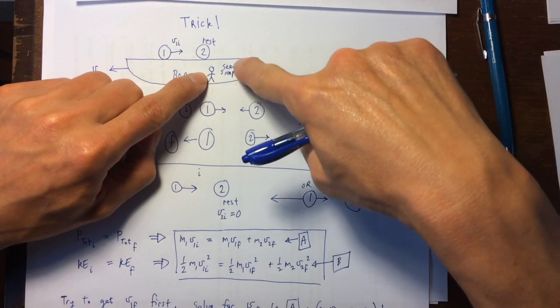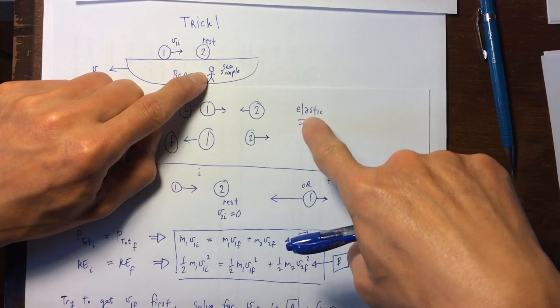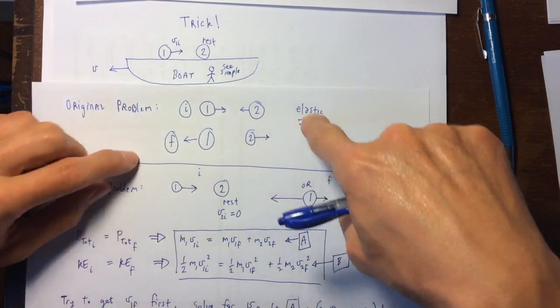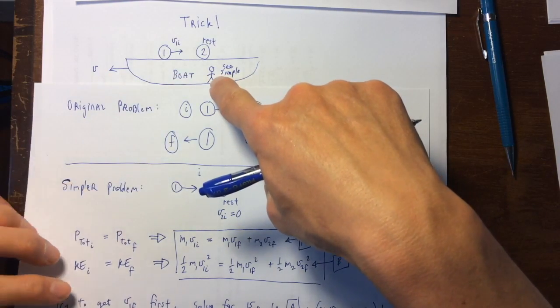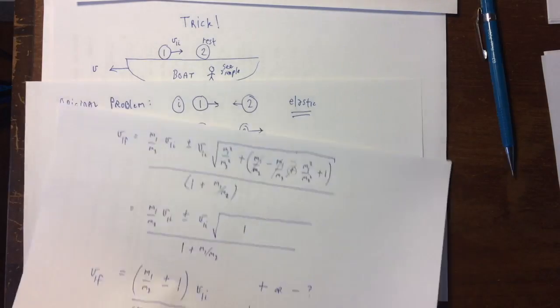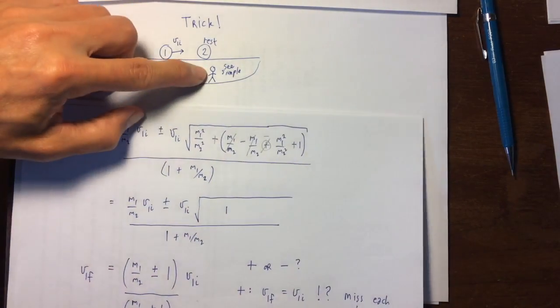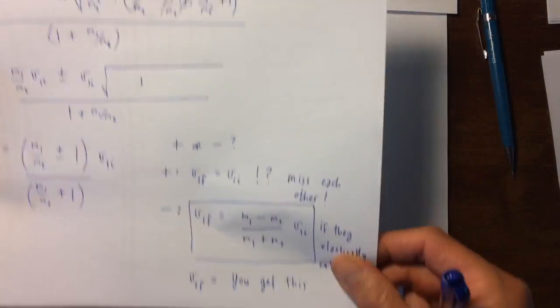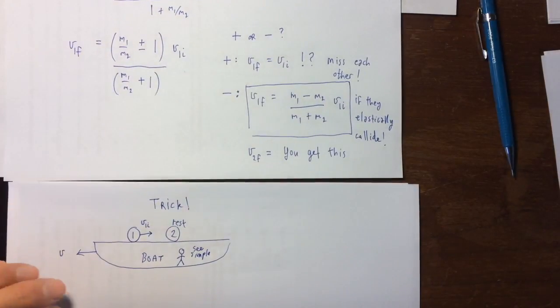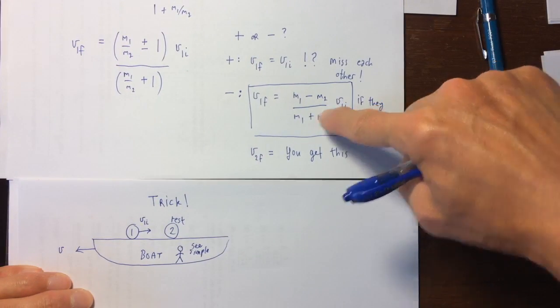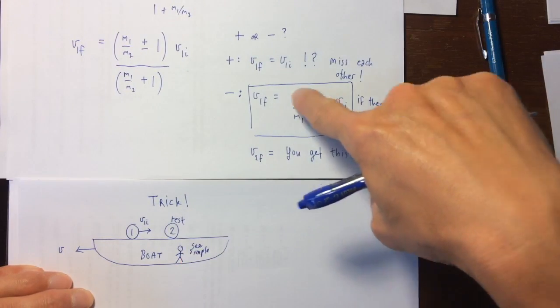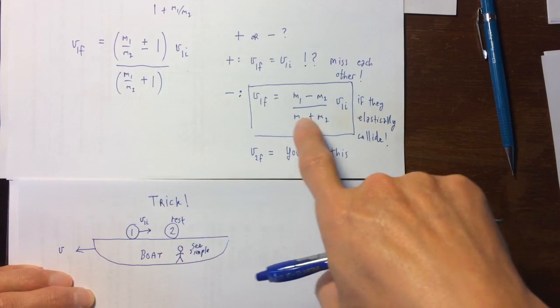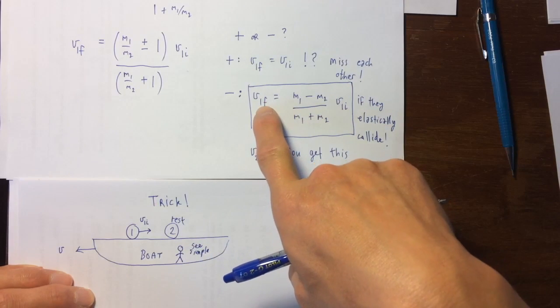And this person is going to see a simple elastic collision, and the answer that's going to make sense to this person is this answer. So this person will see this answer as what happens to v1 after the collision.